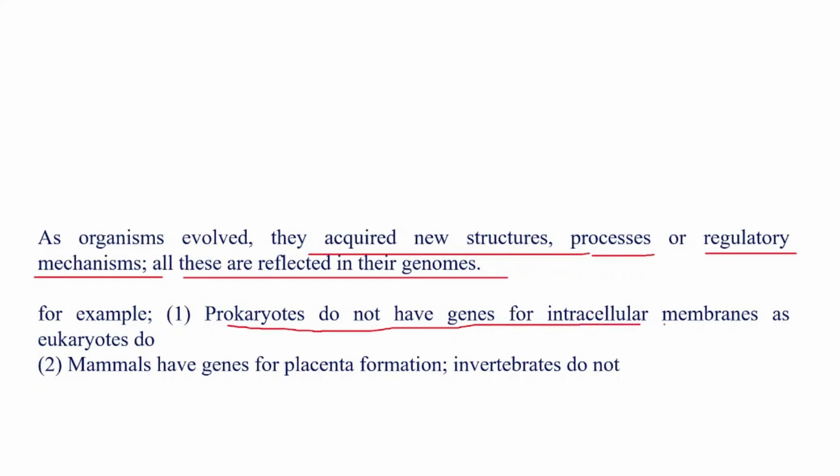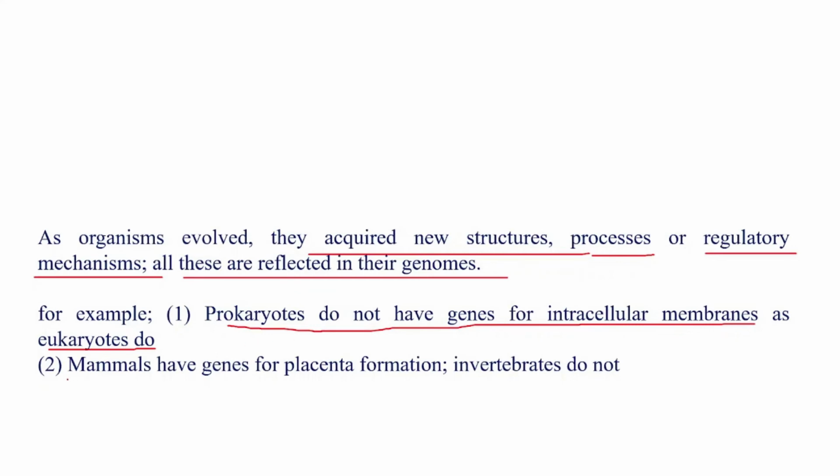They do not have genes for intracellular membranes, but eukaryotes do, because prokaryotes do not have intracellular membranes, but eukaryotes have intracellular membranes. So during evolution, eukaryotes acquired the genes which are responsible for formation of intracellular membranes.